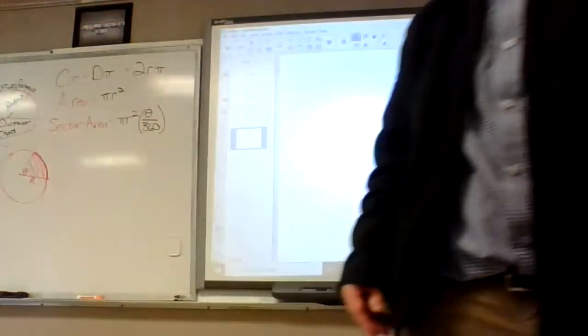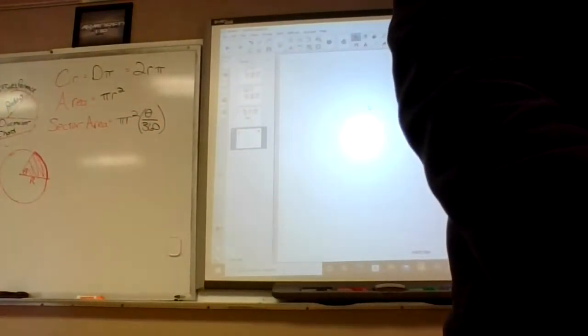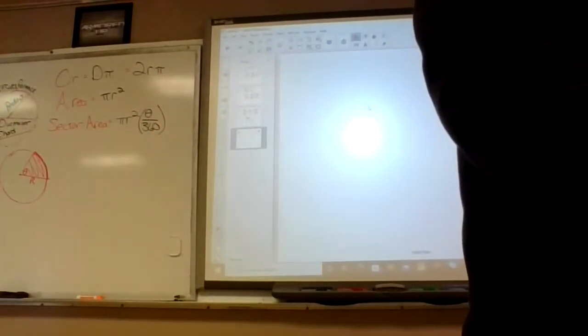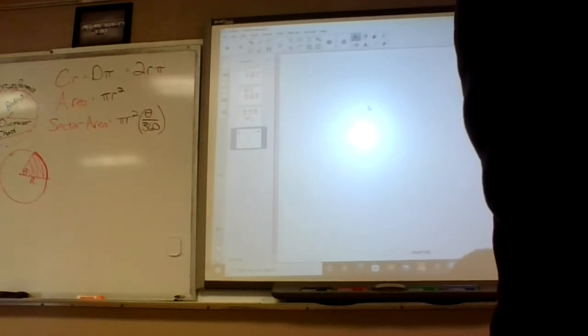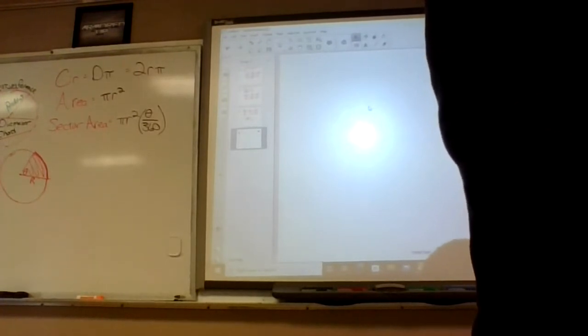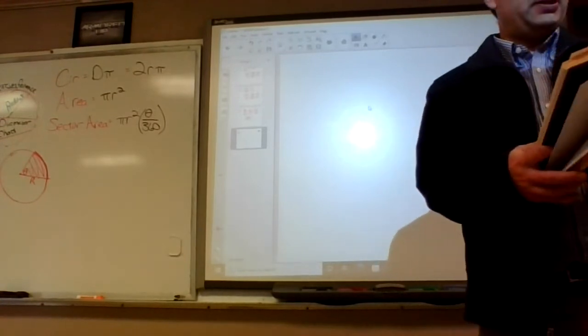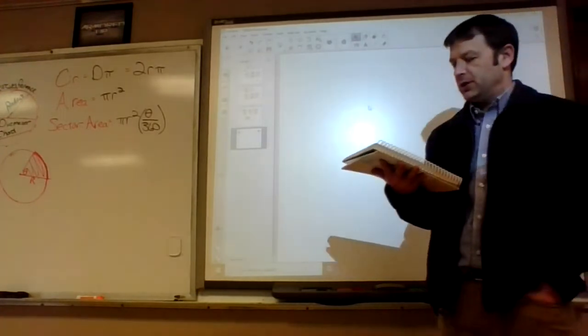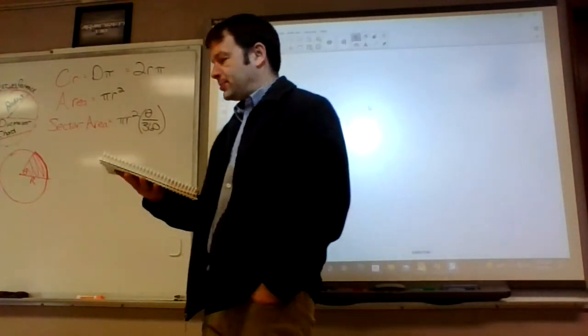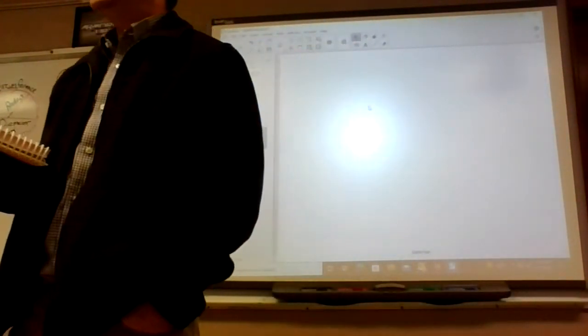On page 335. Number 1 says find the circumference and area of each circle. State the exact value and decimal approximation to the nearest tenth.